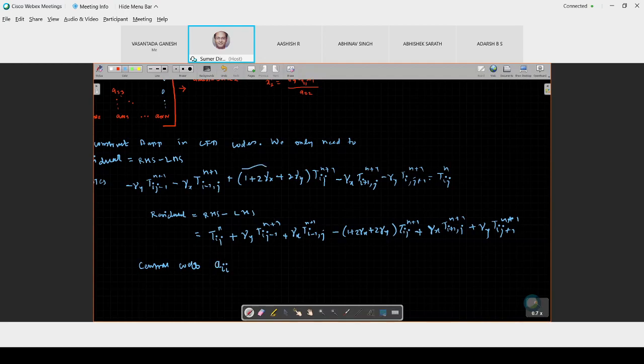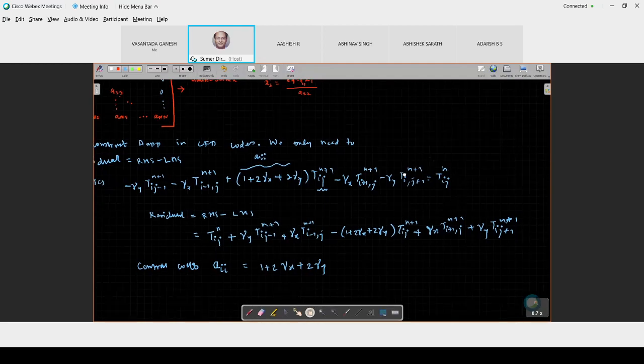Wherever your ij is there, that is your central coefficient, your a_ij or a_ii. So the central coefficient will be equal to 1 plus 2 gamma x plus 2 gamma y. Okay. So now, these are the things. So what we do is, say for example, the Gauss-Jordan method.